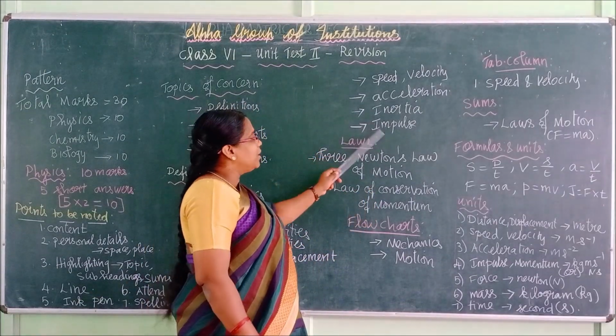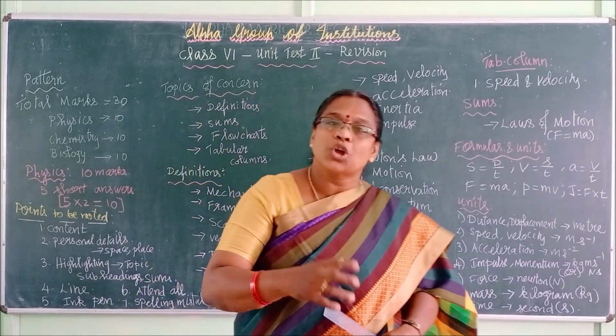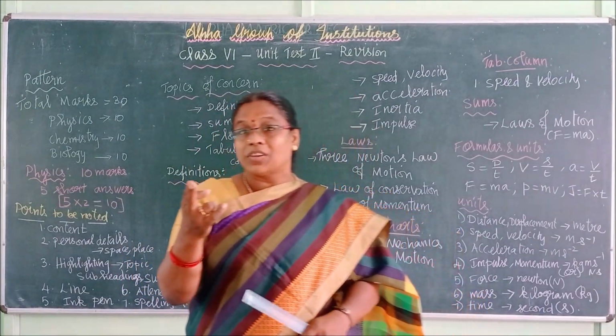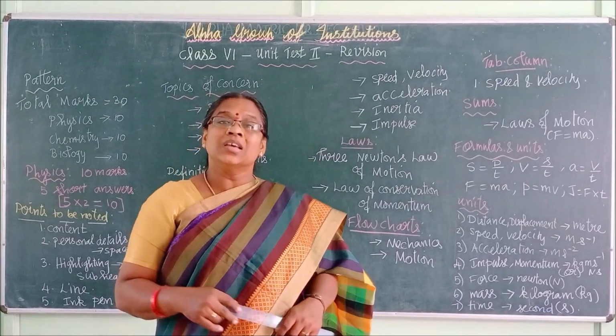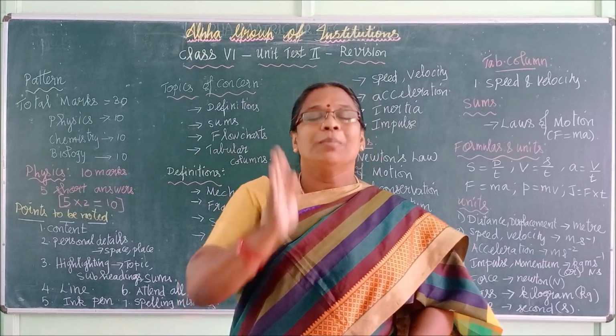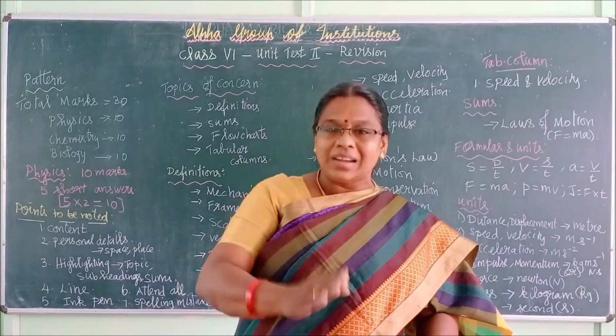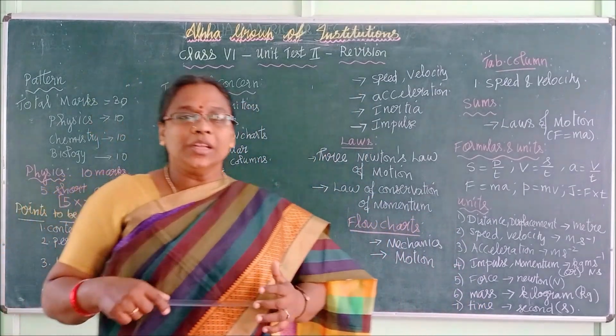Okay. And then we have impulse. What is that? It is the bigger force applied for a short period of time, or another definition we have: force into time is called impulse. Like this you won't write. Product of force and time is called impulse. What is its unit?